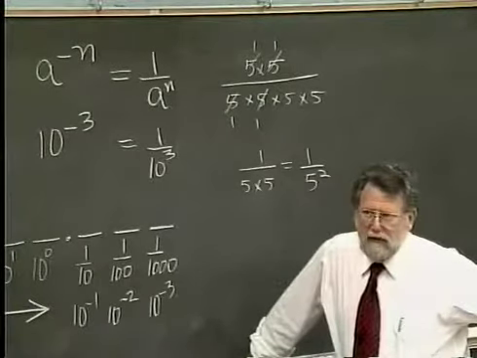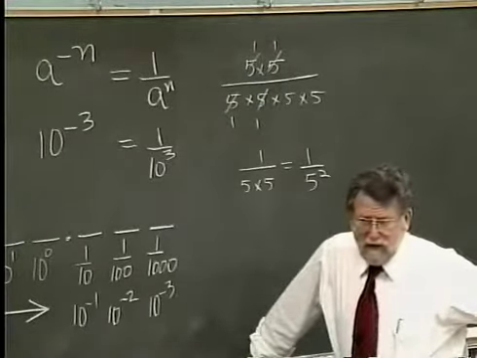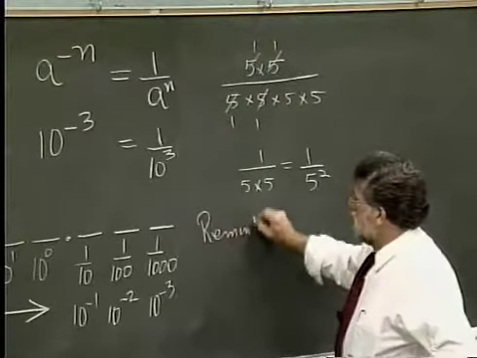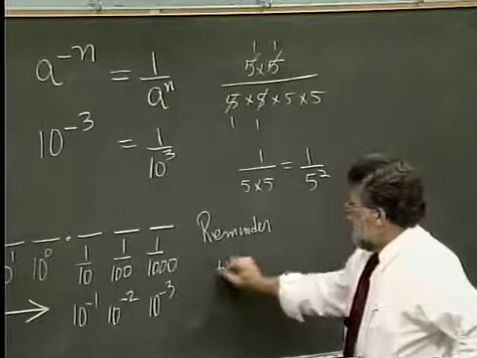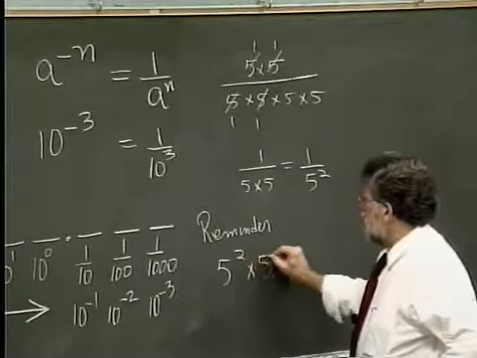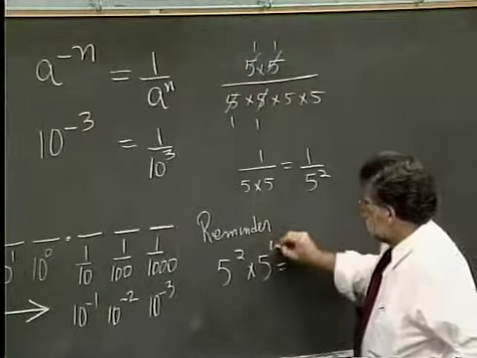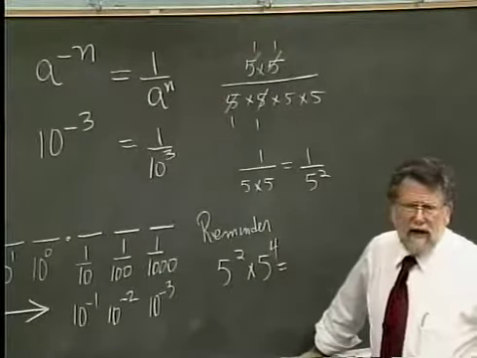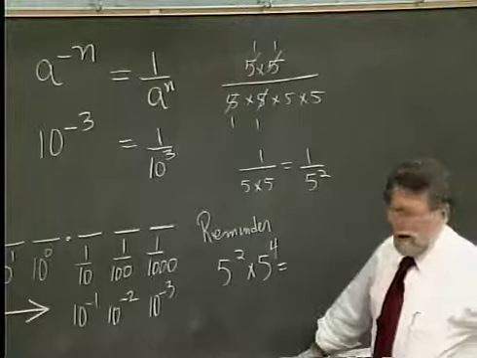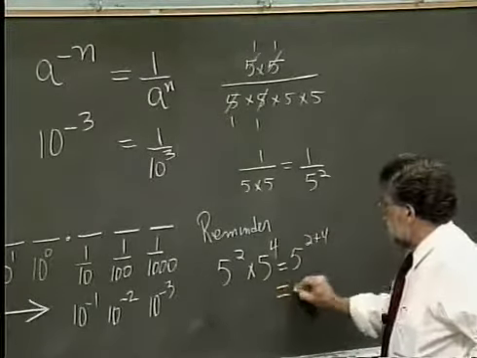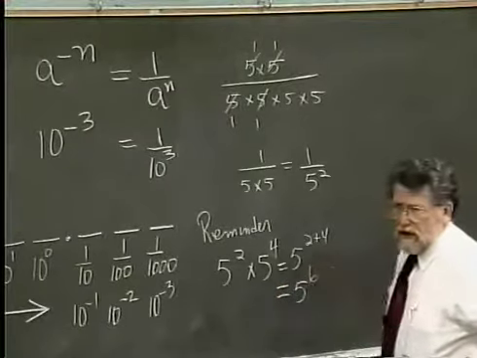Now, we've already seen what happens when we multiply bases together. A reminder. If I had 5 to the second times 5 to the fourth, what was your shortcut? You would add the exponents and say 2 plus 4, and you would argue you have 5 to the sixth.